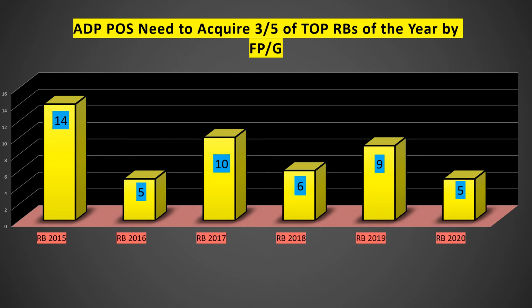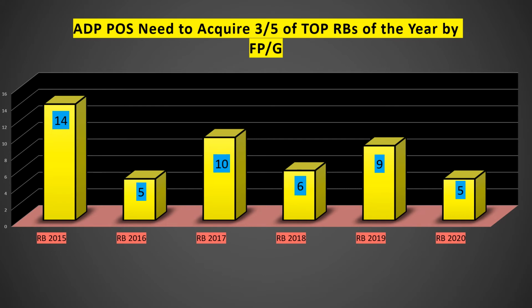So I just said, how deep do I have to go to find 3 of the top 5? 2015 was 14, 16 was 5, 17 was 10, 18 was 6, 19 was 9, 2020 was 5. So 3 years, 5 or 6, you were grabbing 3 of the top 5.